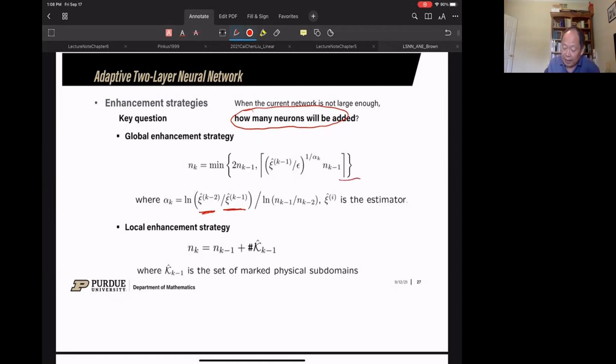Here I want to say that we basically don't want to add too many neurons. Each time we want to at most double, so that the speed of increase is slower. So this is our global strategy step.